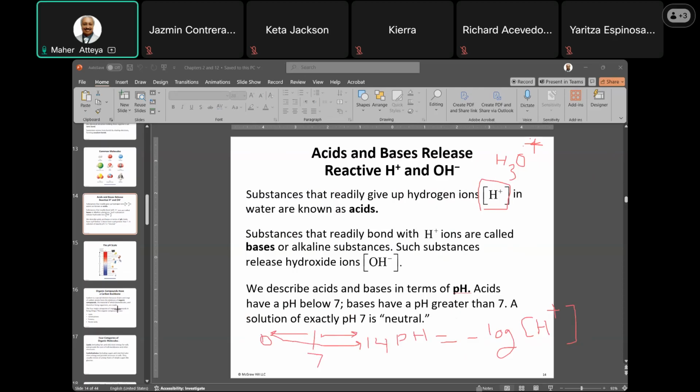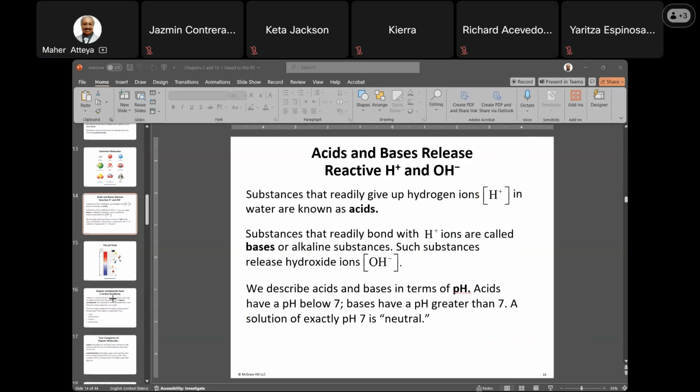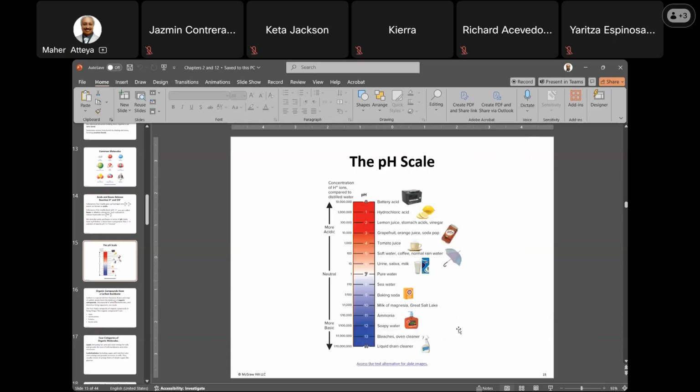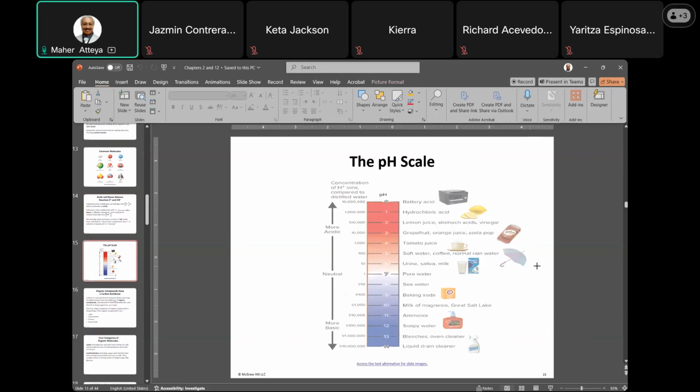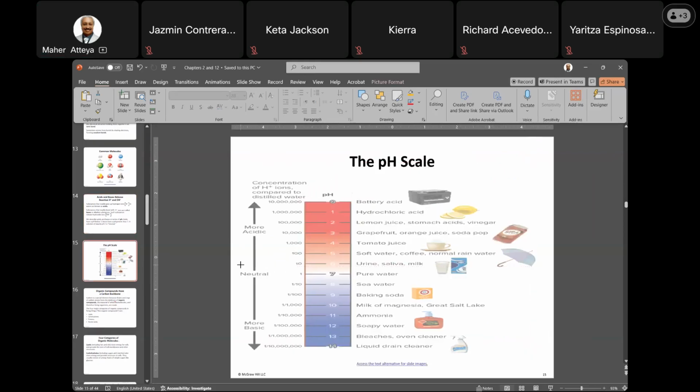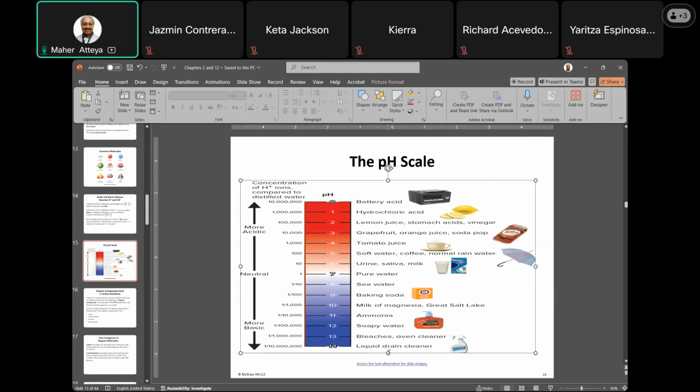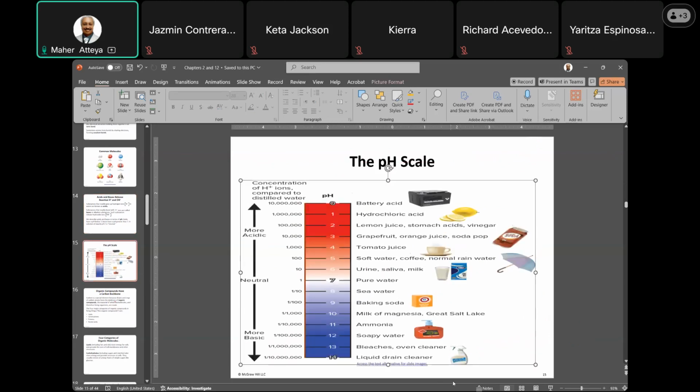So that's the scale you have here. You can see this one, let me make it a little bit bigger so you can see it. Those are all types of pH. If you go up, there's more acid.